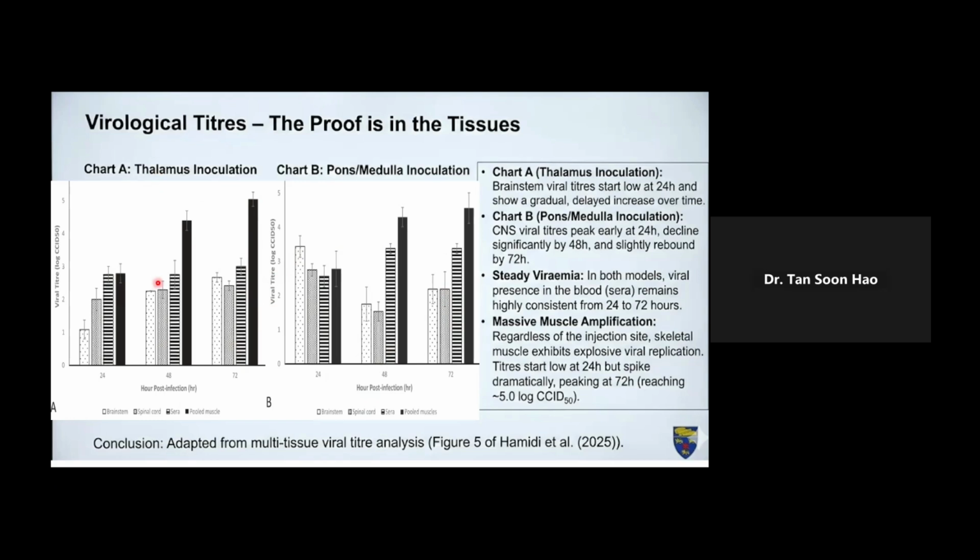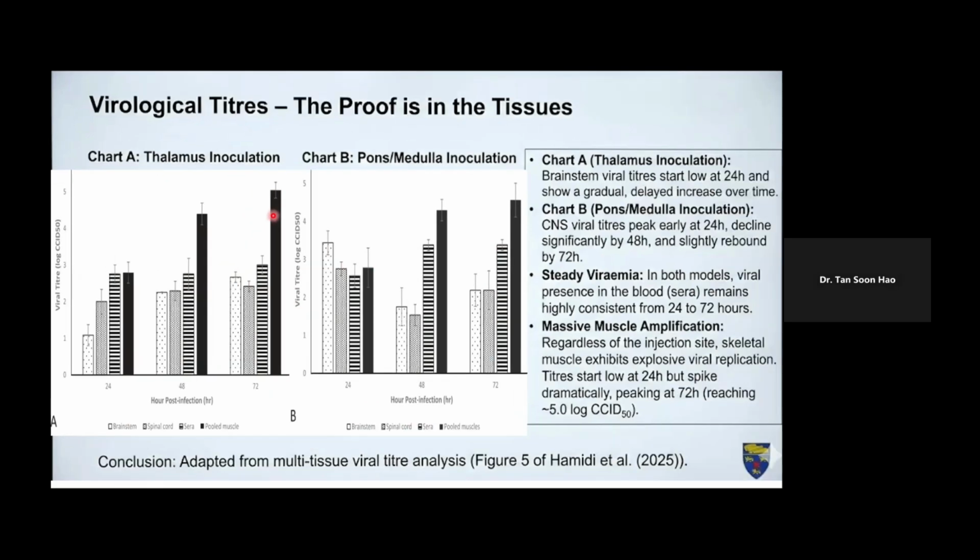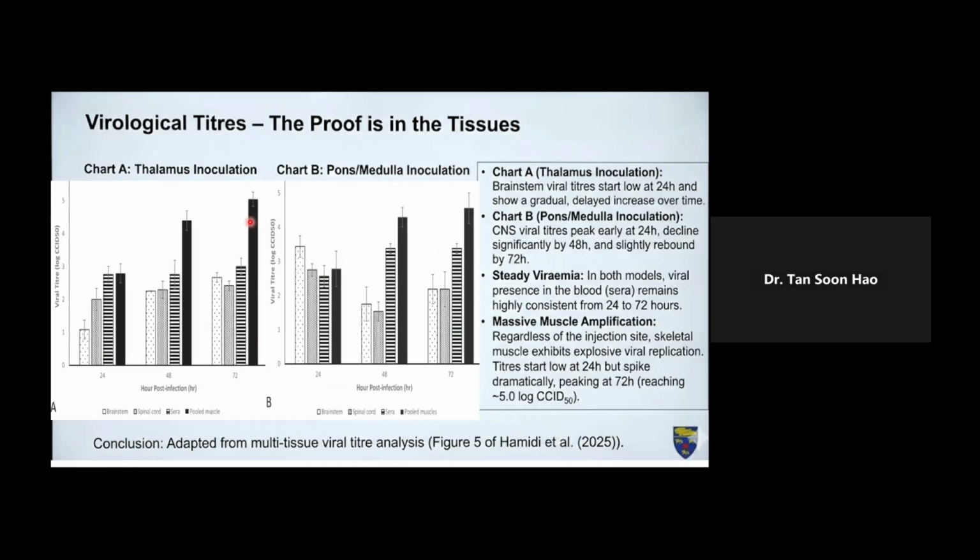We can notice that the viremia is consistent throughout the experiments, around a virus titer of 3. This is also the same for the pons medulla. Whereas the hind muscle titer increased greatly, and we noticed that, similar to our histo analysis, the virus is actually present quite a lot in the muscles.